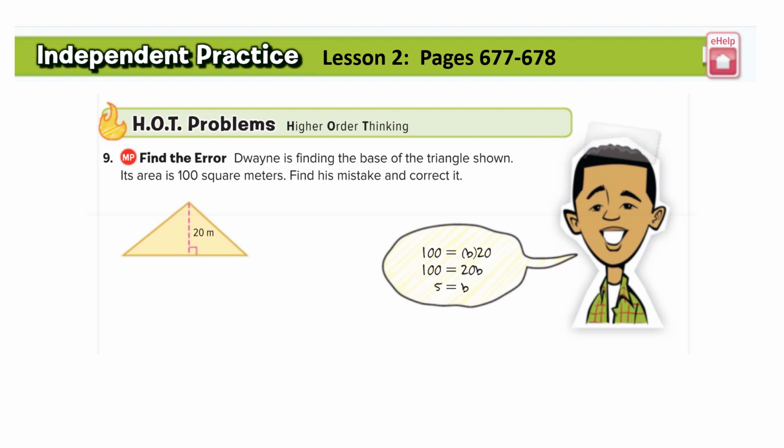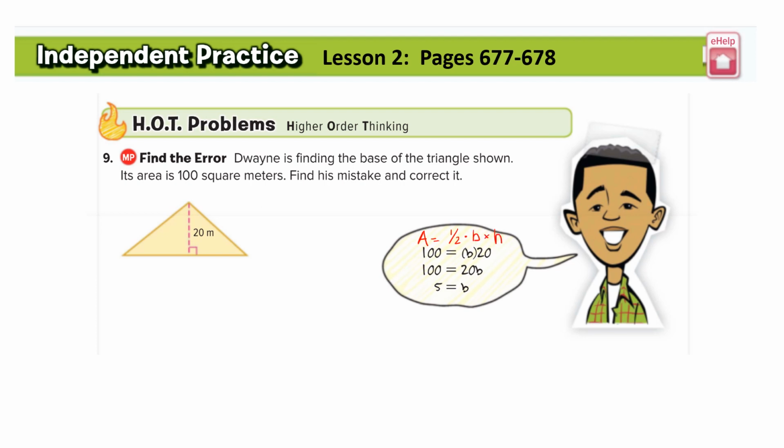Question number 9. Find the error. This is a hot problem, higher order thinking. Dwayne is finding the base of the triangle shown. The area is 100 square meters. Find his mistake and correct it. Well, if you're looking carefully, we know that the area equals 1/2 times the base times the height.